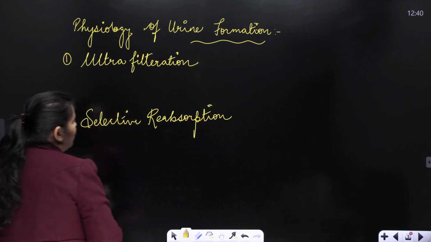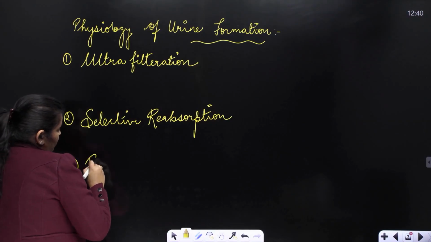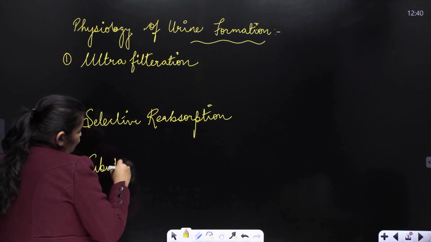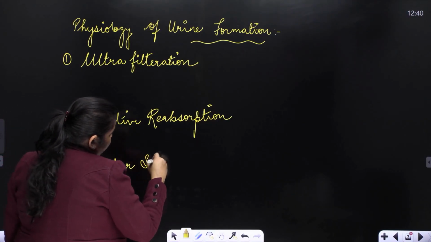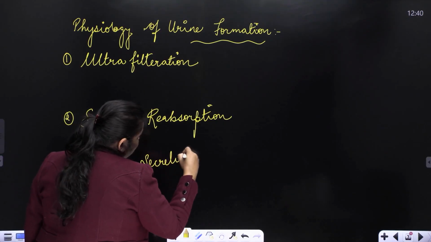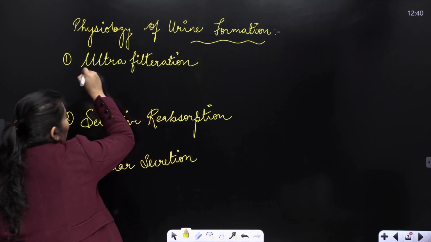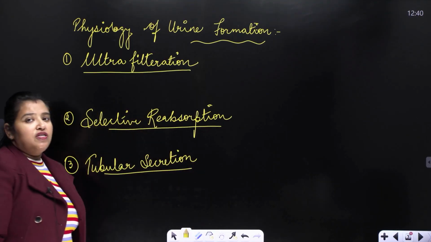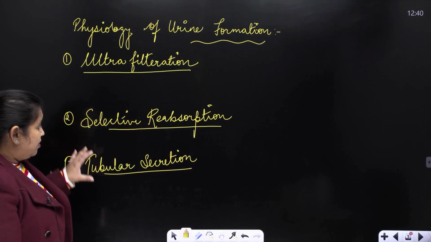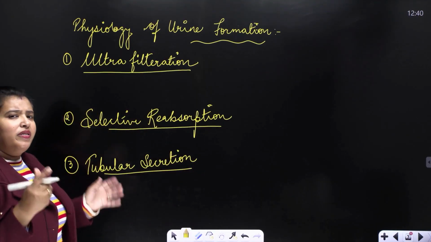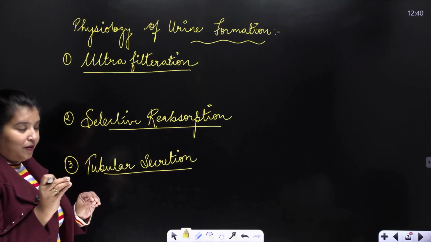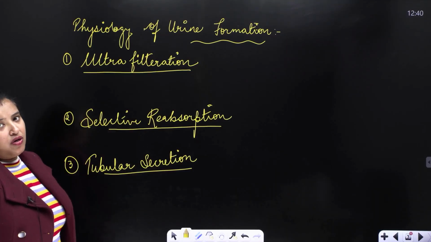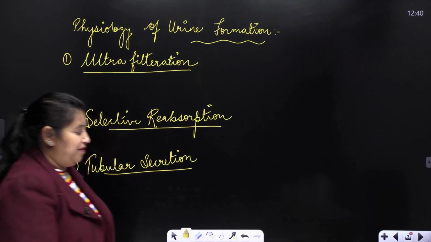And the third one is tubular secretion. Now let's quickly get back to the diagram first, where we will understand the concept of these three steps along with some more structural details. All right. And then we will talk about them. We'll write about them here.